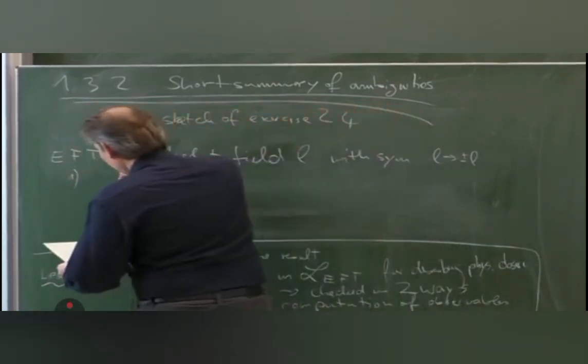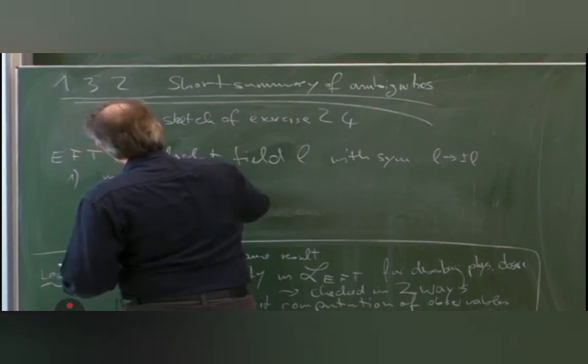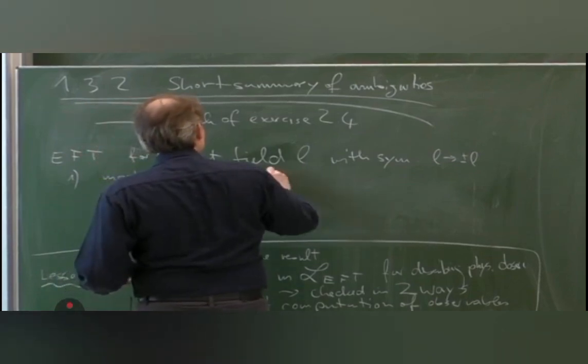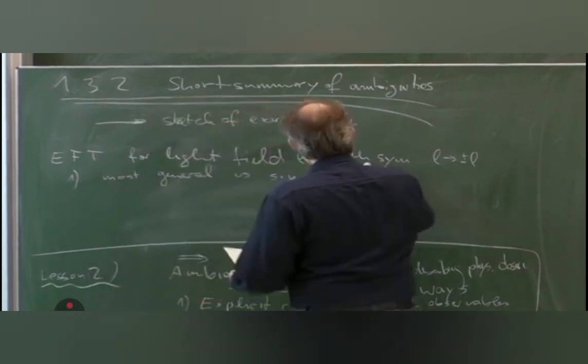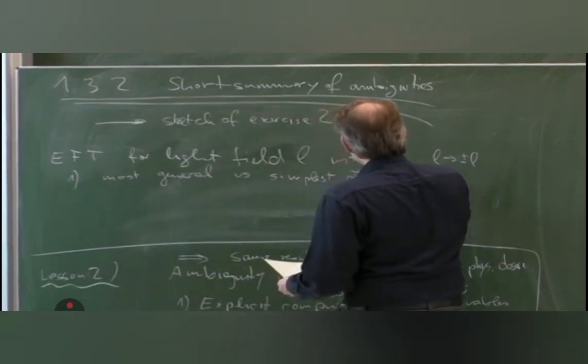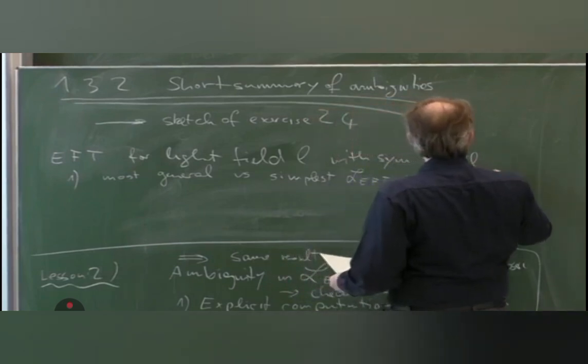The first one is we need to construct the most general versus the simplest effective field theory Lagrangian up to dimension 6 operators.